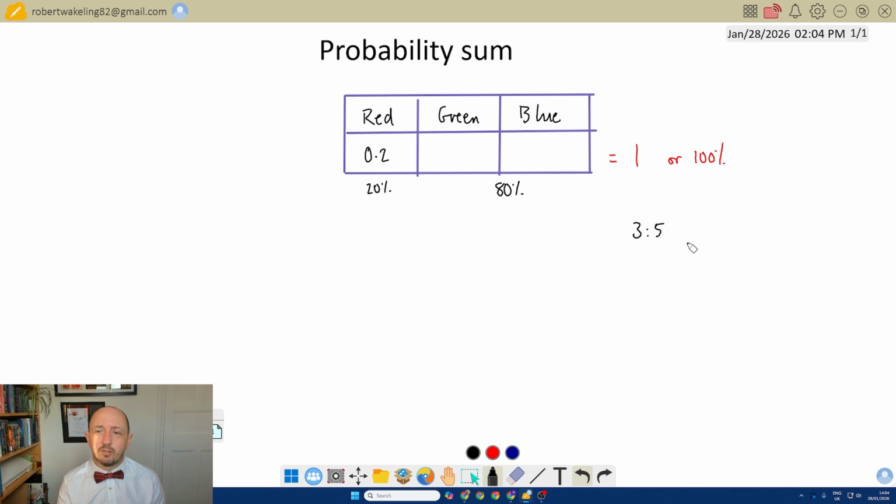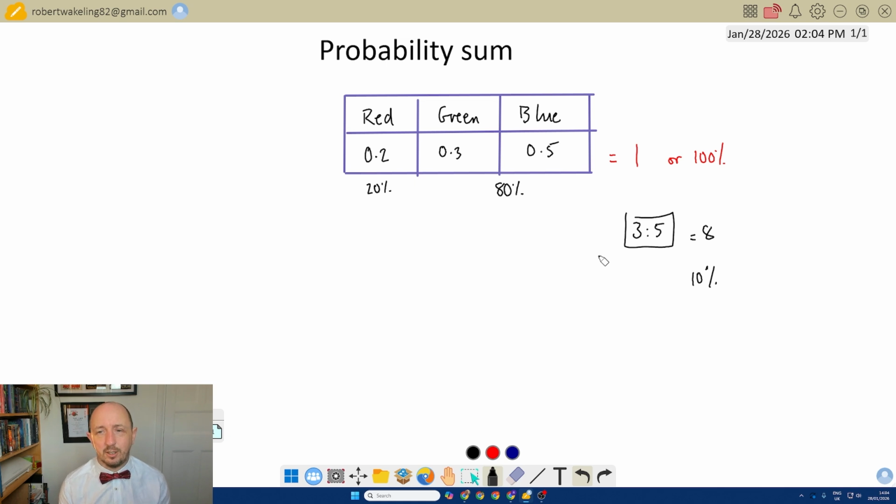And then using your ratio knowledge, we usually just add these up and then find out what one share is worth. So 3 plus 5 is 8. 80 divided by 8 is 10. So 10% is one share. Green has 3 of those. So 0.3, 30%, and blue has 50%, 0.5, like that.